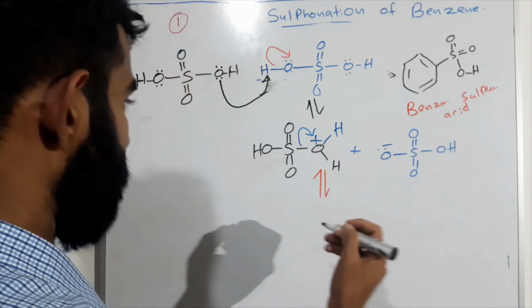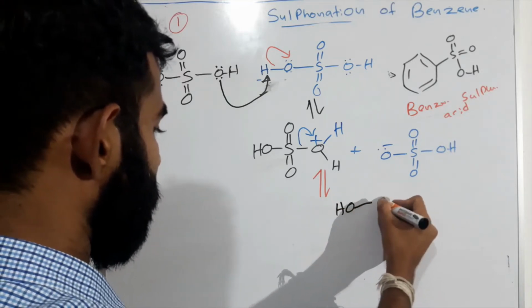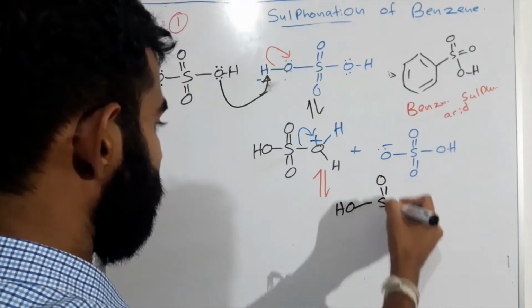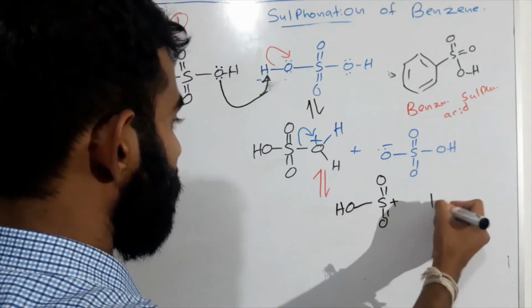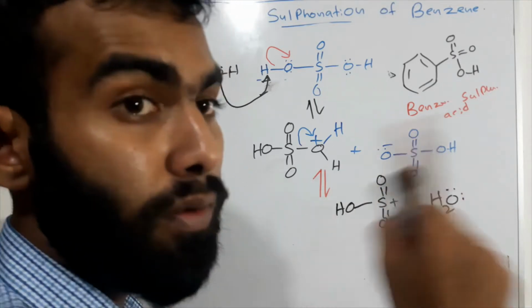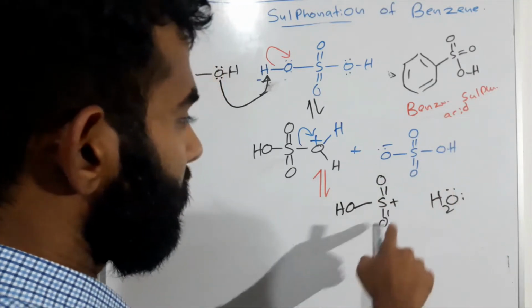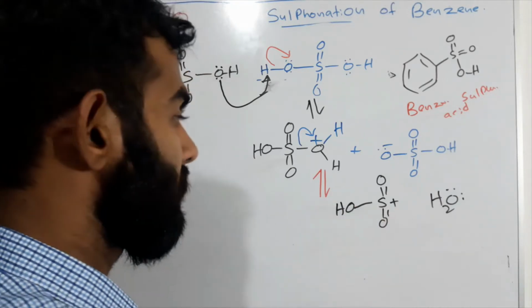This is our HO and this is our sulfur, oxygen. Here it will get the positive charge and water will be formed. Water contains two lone pairs. So here the plus mark on sulfur is unstable.